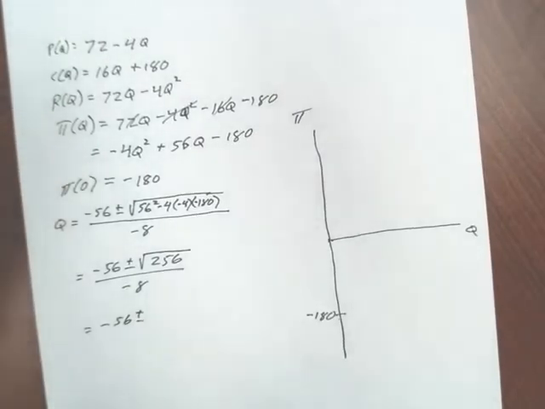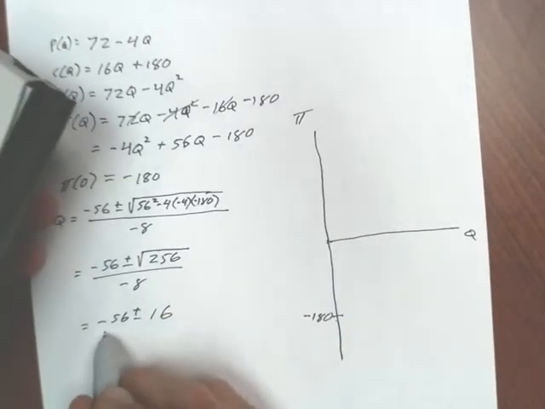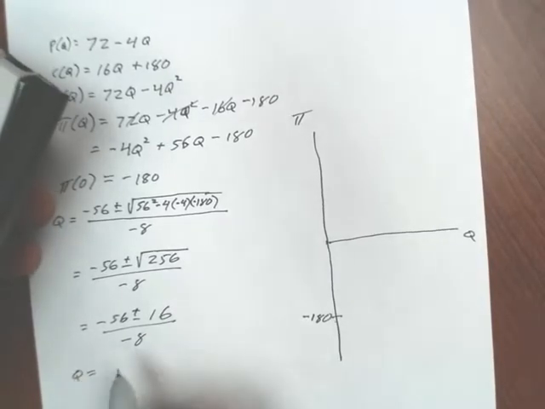So this equals negative 56 plus or minus the square root of 256. Wait, hold on. I messed up my calculator. There you go. 256, that's 16. So plus or minus 16, divided by negative 8.